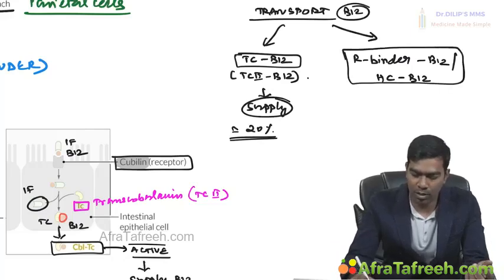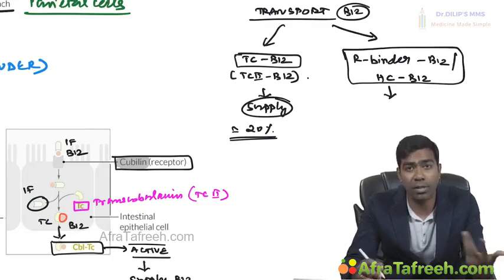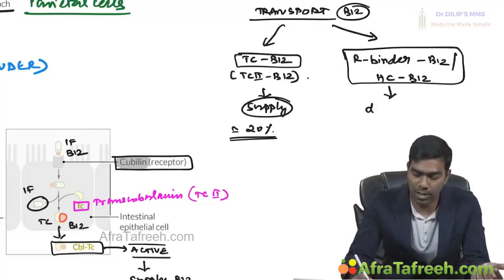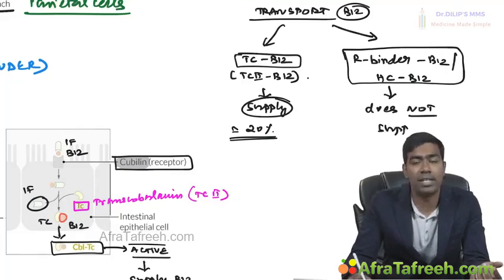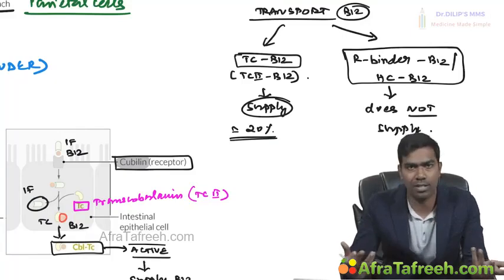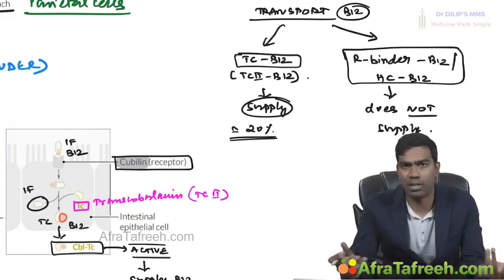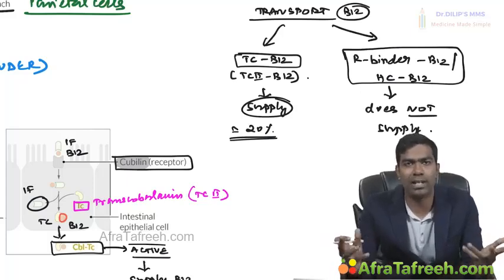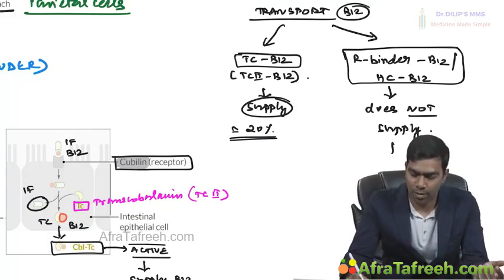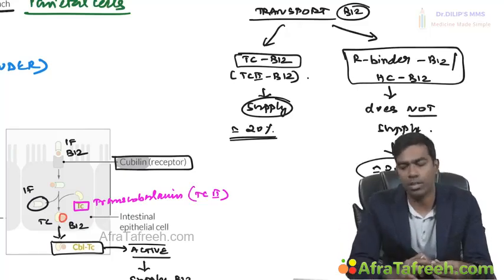This is the one that contributes to 80% of your circulating B12, which means this complex does not supply the cells that need B12. They are just circulating in the blood, but this is not really going to supply the cells that need B12. So this is not that important, to be honest. Approximately 80% of your B12 is going to be circulating in this form only.